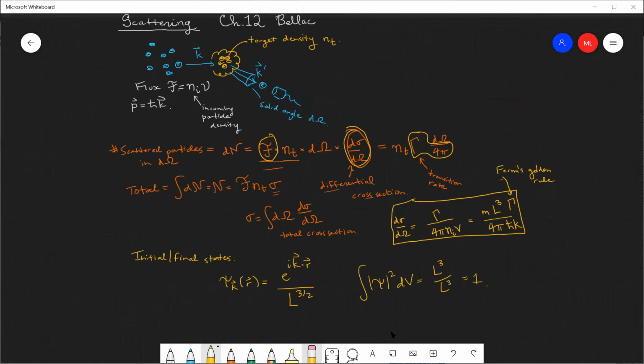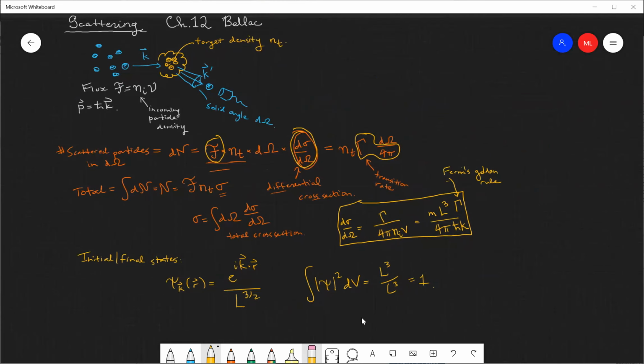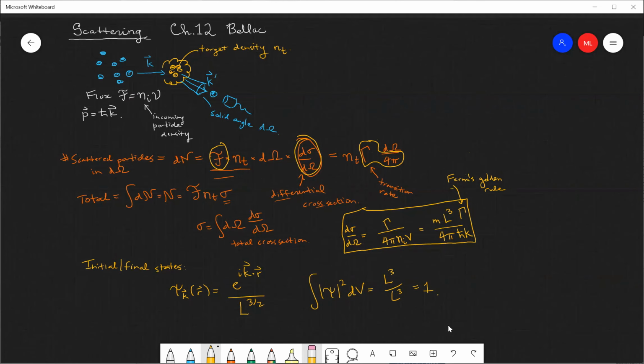Any questions about that? Just the general setup, and we'll do more examples. This is the first sense of how to connect quantum mechanics to scattering quantities such as the cross-section.